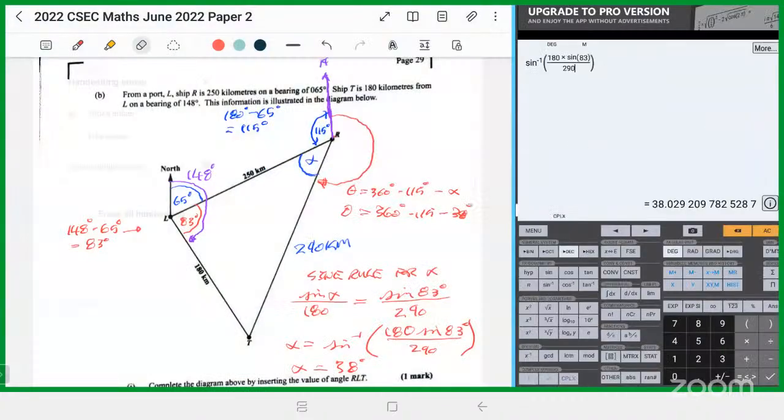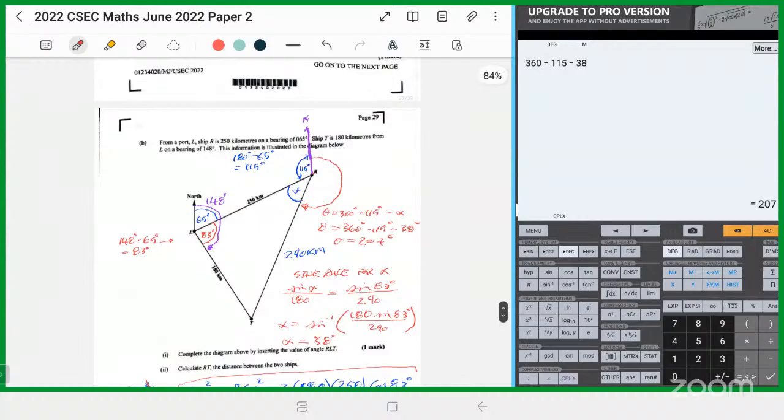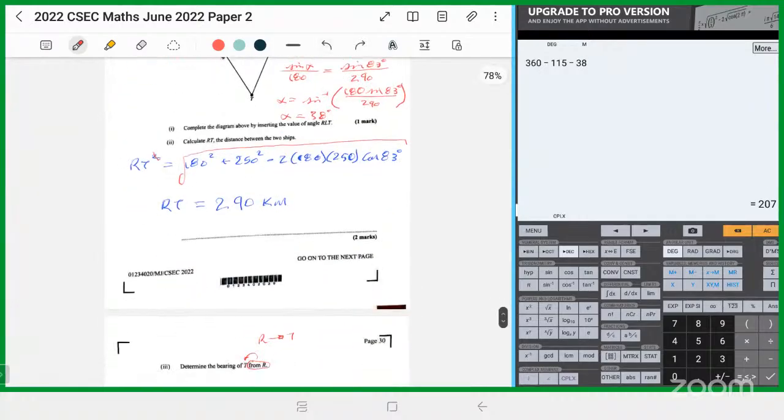Let's write this better. 115 degrees minus 38 degrees. So the bearing angle theta becomes equal to 360 minus 115 minus 38, 207. That is it, 207 degrees. So I leave all this work on my paper and just put the answer down here.